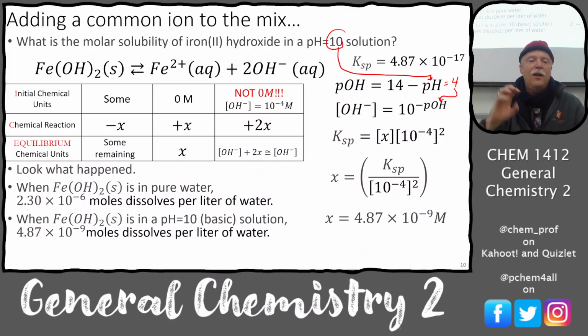When iron hydroxide is put in a pH 10 solution, which is already basic, which already has a lot of hydroxide ion in it, much less dissolves. And so it's 4.8 times 10 to the minus 9, less than 1,000th of the concentration. So I dropped the concentration by 1,000 times by just putting it in a basic solution.